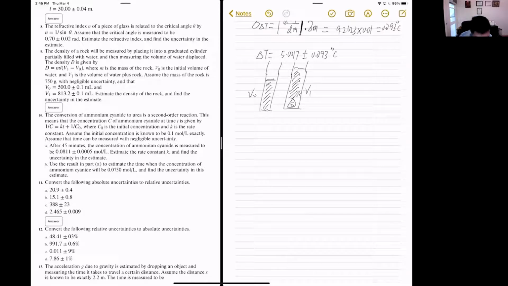Assume the mass of the rock is 750 grams with no uncertainty, but V0 has an uncertainty of 0.1, and V1 has an uncertainty of 0.1 also. ml is milliliter. So estimate the density of the rock and find the uncertainty for that estimate.